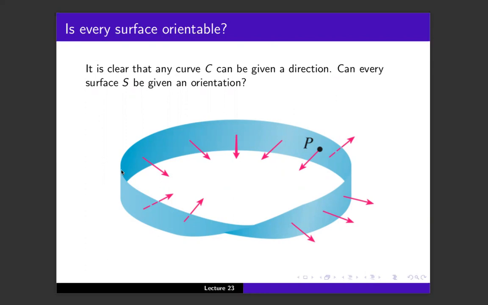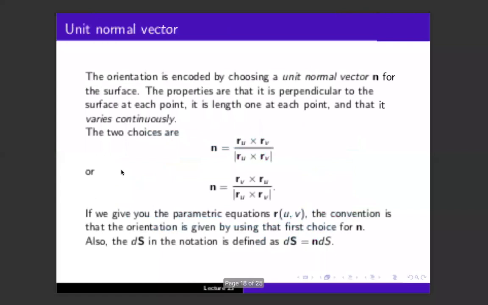So you get across to the other side of P, and all of a sudden you're on the other side. So that normal vector field cannot vary continuously. That's not an orientable surface. You can't talk about vector calculus or flux integrals over that surface in a meaningful and reasonable way.